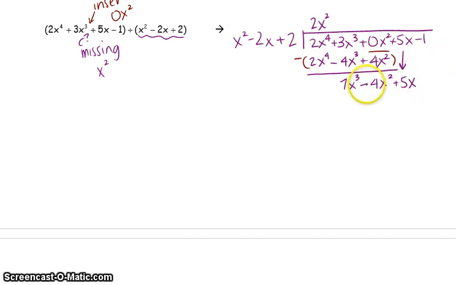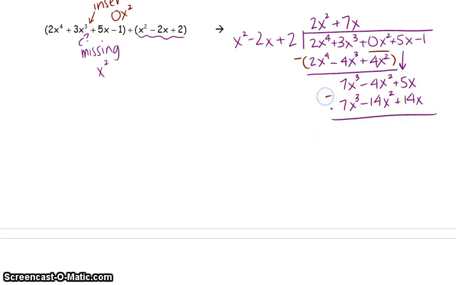So now we say, how many times does x squared go into 7x cubed? Well, that is a plus 7x. So we'll multiply that out. We'll get 7x cubed. 7x times negative 2x is negative 14x squared. 7x times 2 is plus 14x.